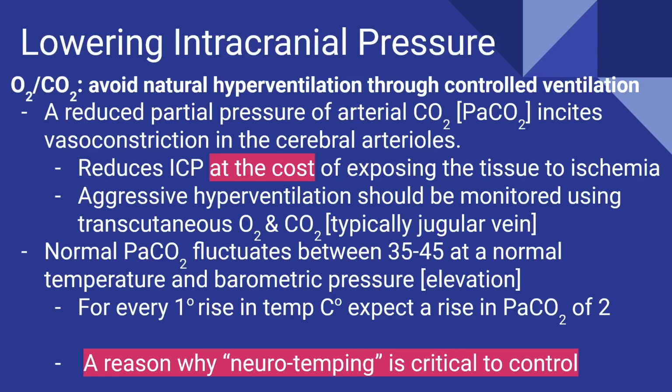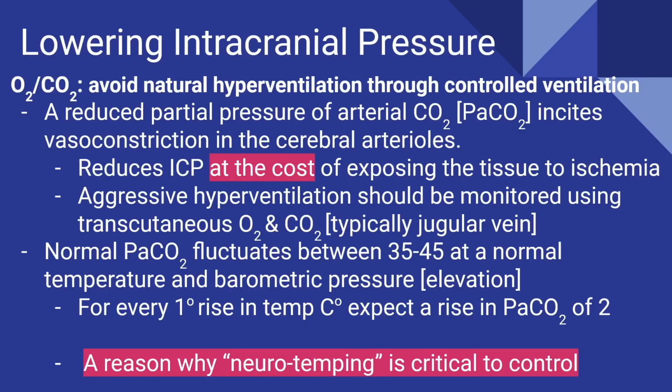So by blowing off CO2, you can temporarily vasoconstrict the cerebral arterioles. So what happens is you reduce the blood flow to the brain, you reduce the ICP, but at a cost, you expose that tissue to more ischemia, right?